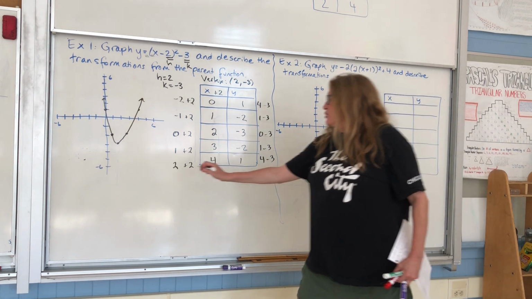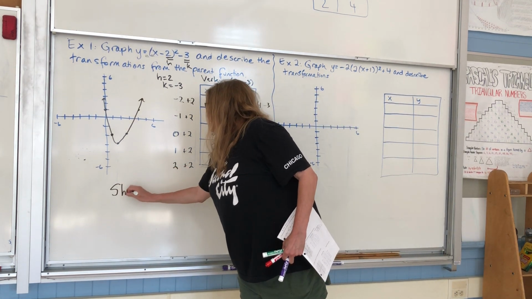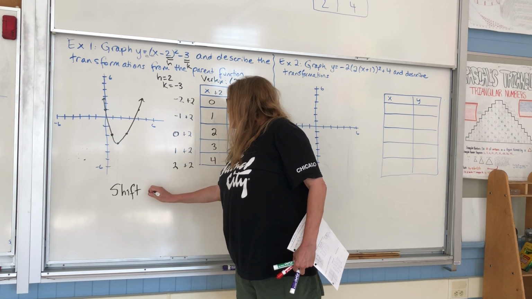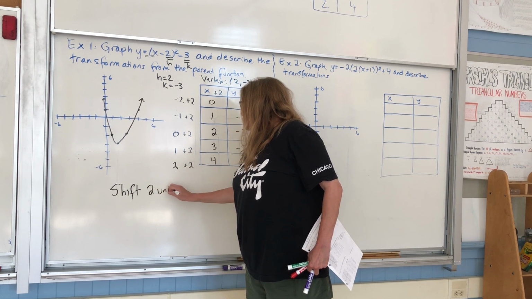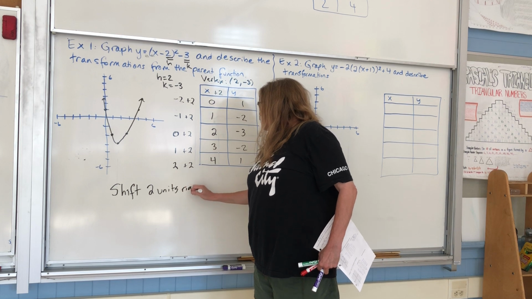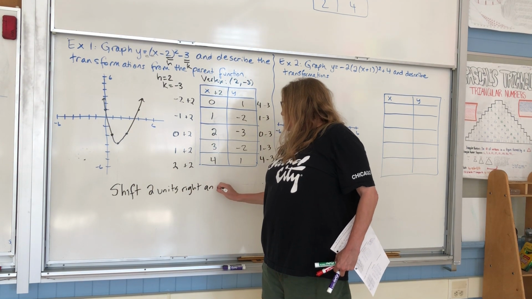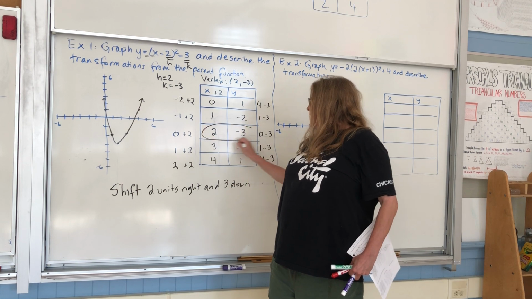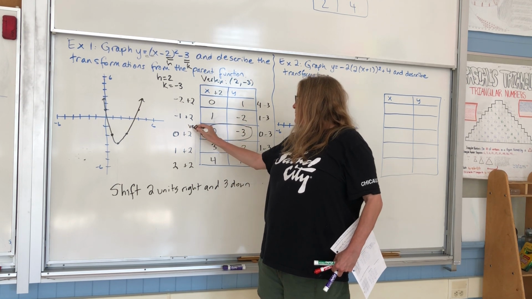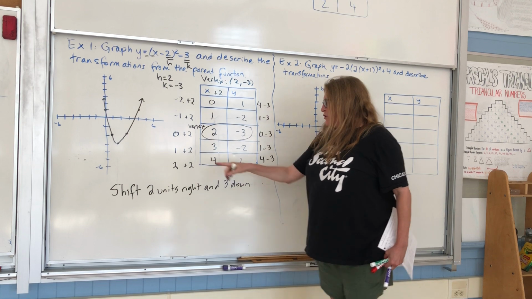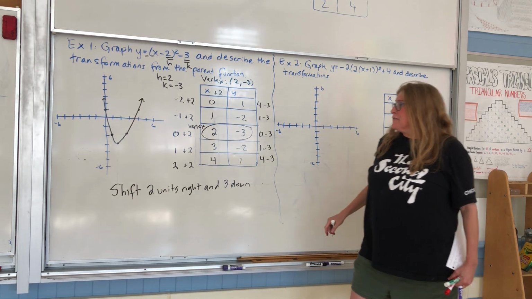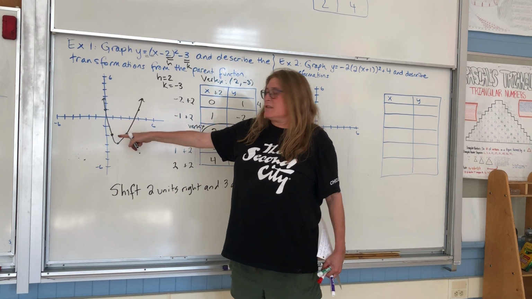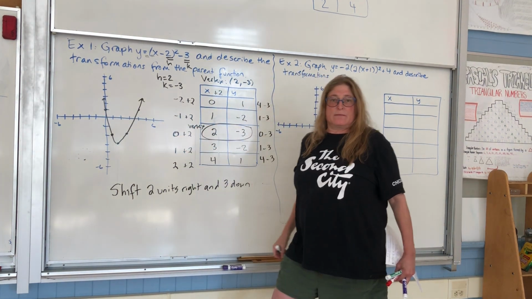All we did was shift. We just shifted 2 to the right and 3 down. And then lo and behold, guys, here's our new vertex. Right? We shifted 2 units right and 3 down. Our parent graph has a vertex of 0, 0, so we move to the right 2 and down 3.